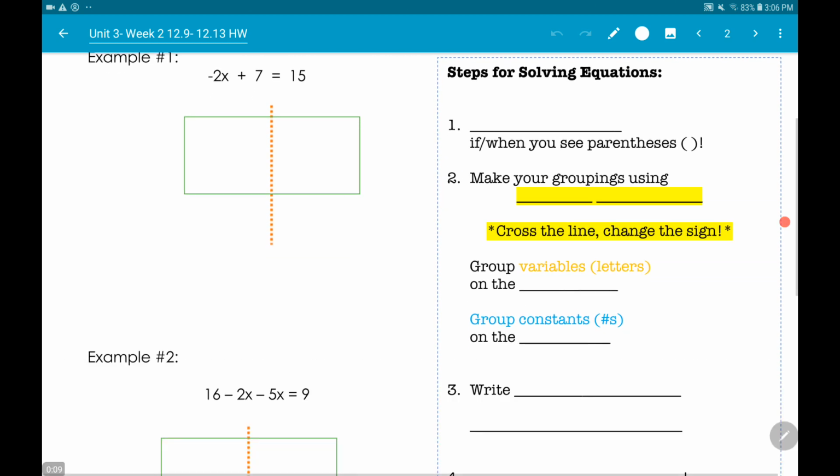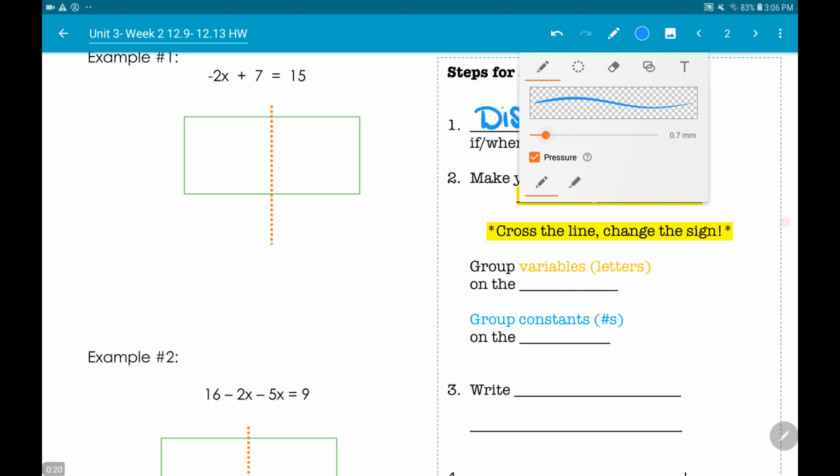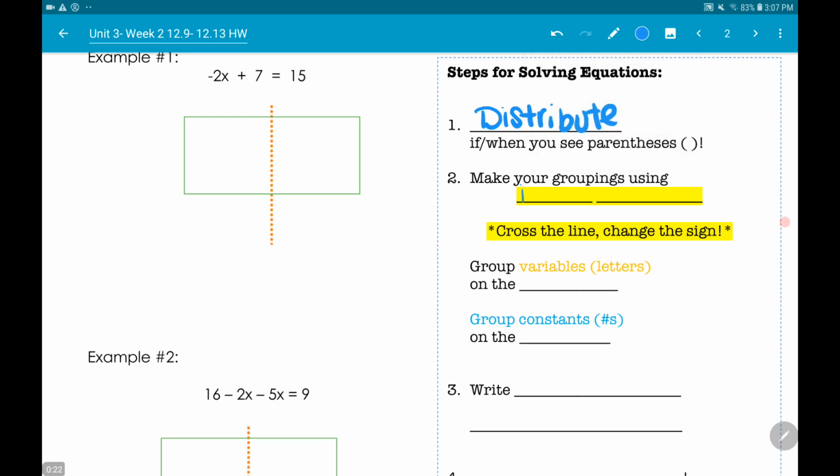Let's go over our steps for solving an equation. Our steps for solving are to distribute if and when you see parentheses, make your groupings using inverse operations, cross the line, change the sign.